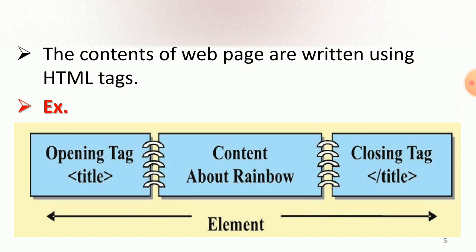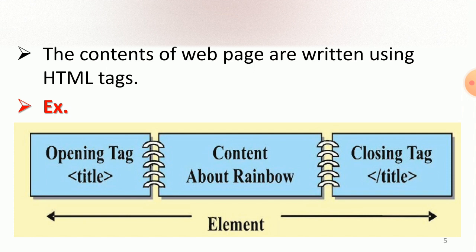That means a tag. A combination of opening and closing tag along with some content between the two tags forms an element. An HTML element may be empty or can have some attributes to specify additional formatting or publishing instructions.